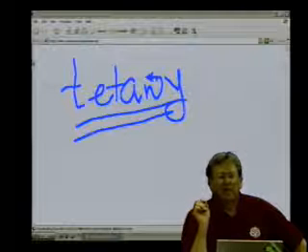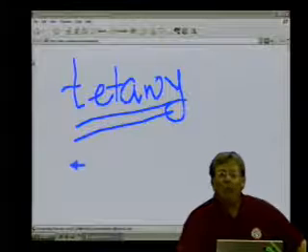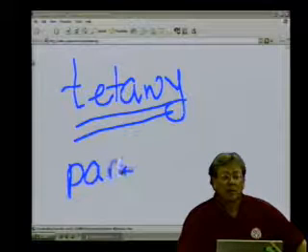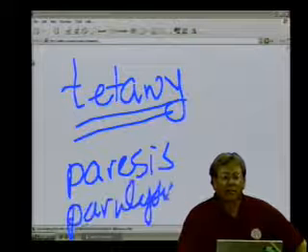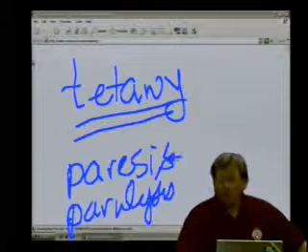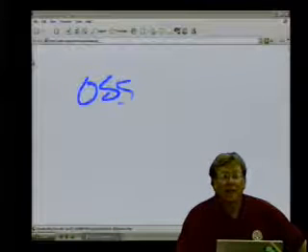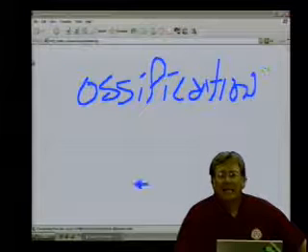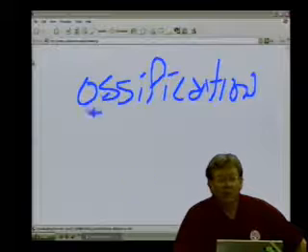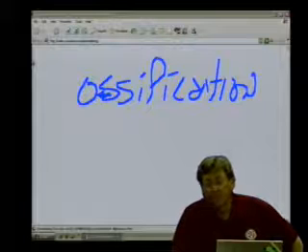In the domestic animals, we tend to see hypocalcemia producing a weakness or paralysis. So paresis means weakness, paralysis. Too much calcium, a hypercalcemia, leads to ossification. That is the precipitation of calcium salts, calcium phosphate salts in particular, which are the building blocks of bone.